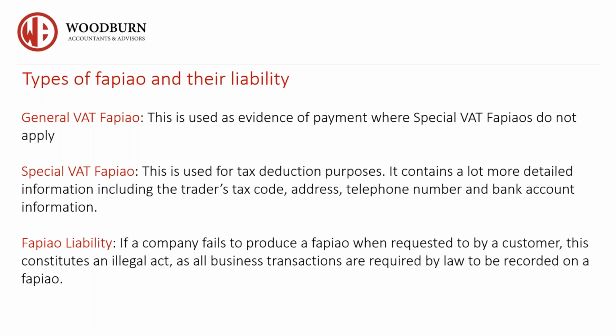One of the things, for example, that your tax officer will request, and may even want to visit your office to see that you've done it, is to buy a safe where all your Fapiaos, whether they're general or special, will be kept.